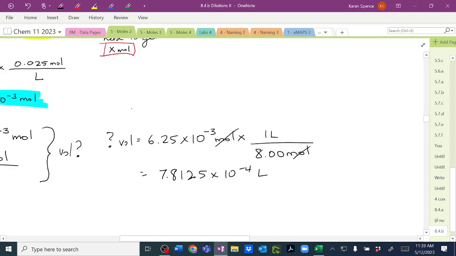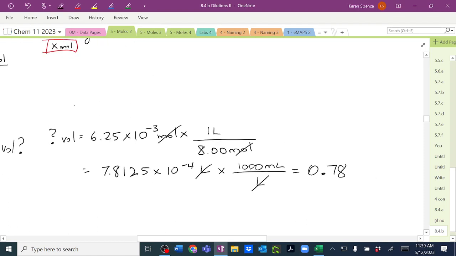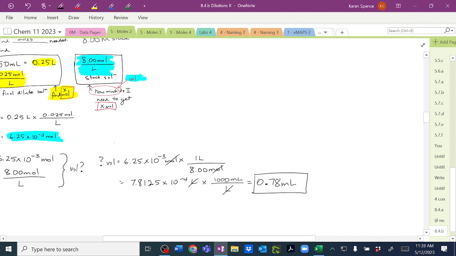So we could say times 1,000 milliliters per liter, and we get 0.78 milliliters. That's still a really small volume. But that's how it works. Okay, there is practice in there.